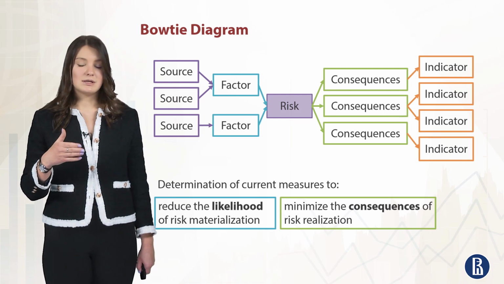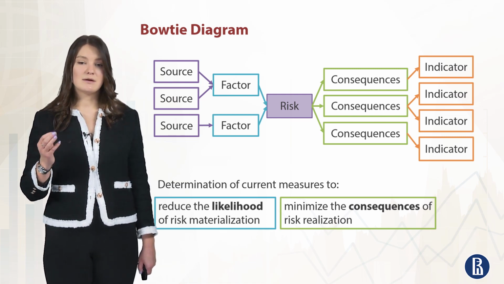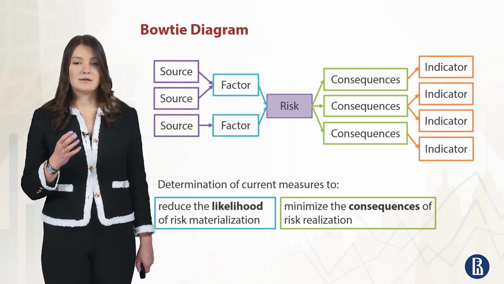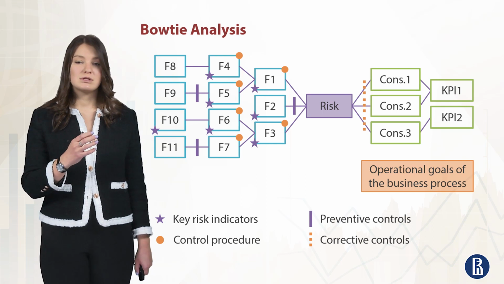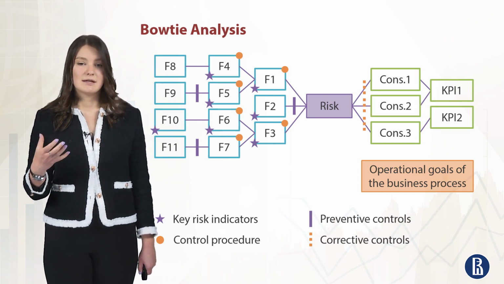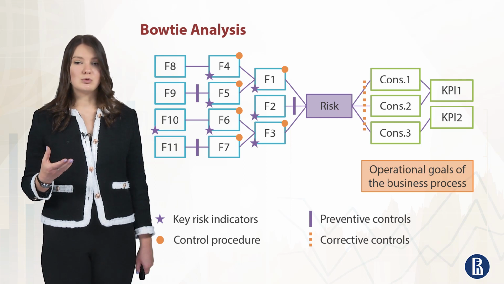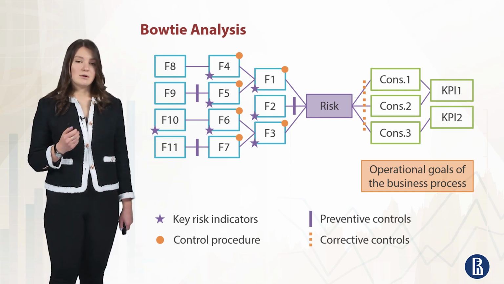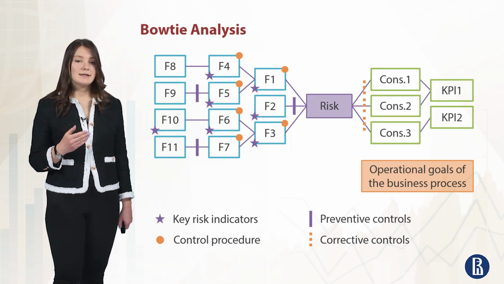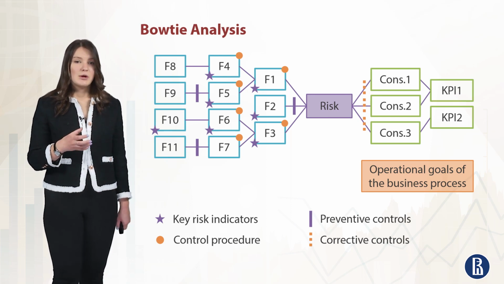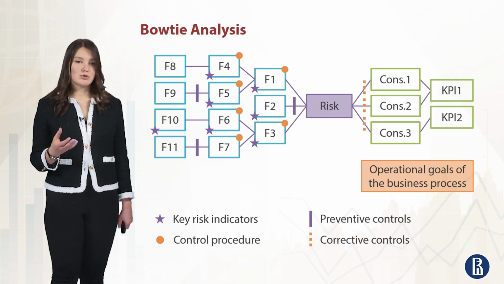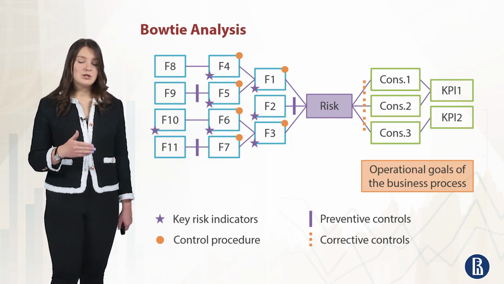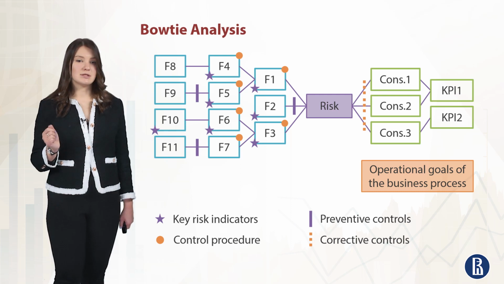On this diagram, you can also see some controls, preventive controls and corrective controls, that can help the risk not to occur. This bow-tie diagram helps us to understand which controls we have nowadays. So the bow-tie diagram allows us to determine where the control procedures are created, for which risk factors or for which consequences.